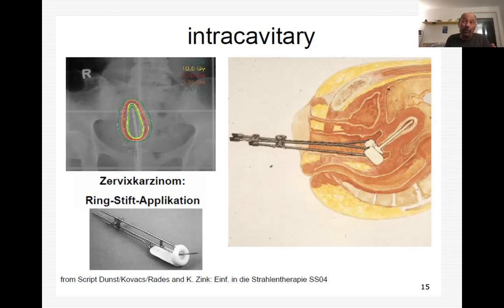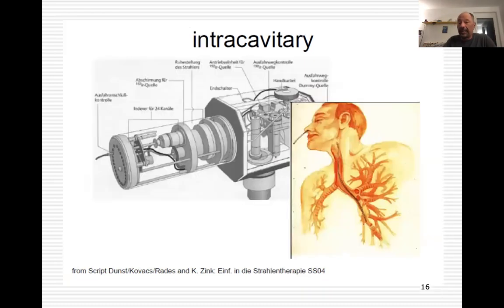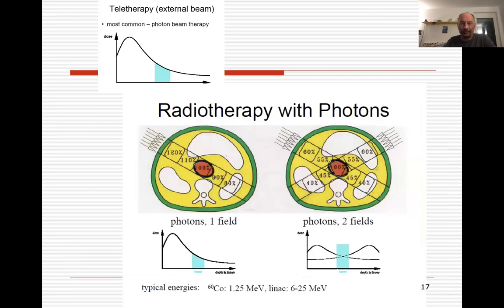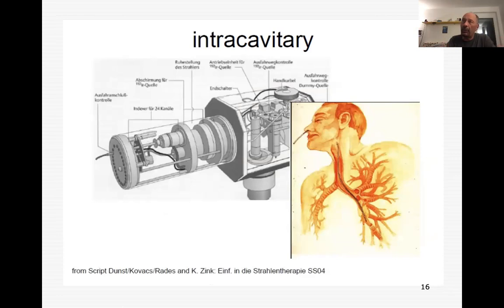If you want a more uniform dose for a large tumor, you should implant a lot of seeds, which is not nice because it's very invasive. This is another example: intracavitary in the esophagus, which is something I would not be happy to do. So I will not say much more about brachytherapy. Its use at the moment is quite limited.